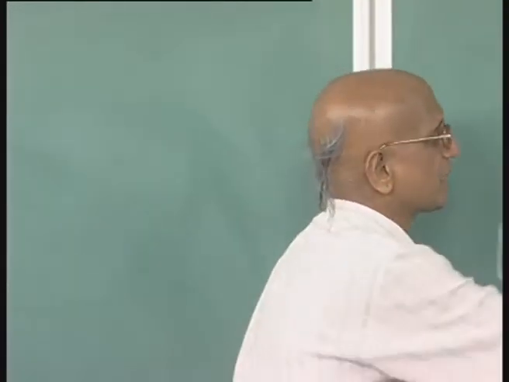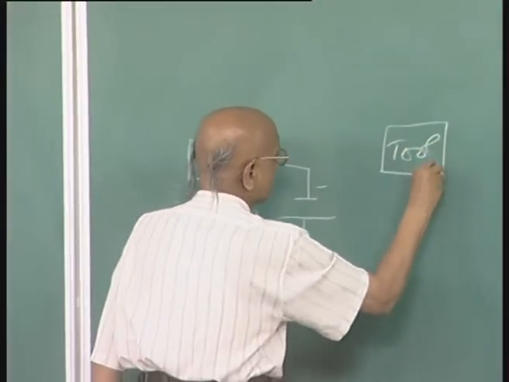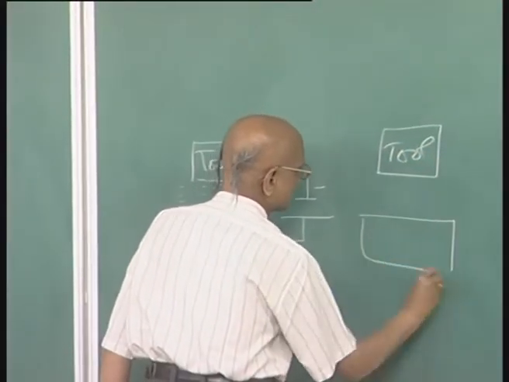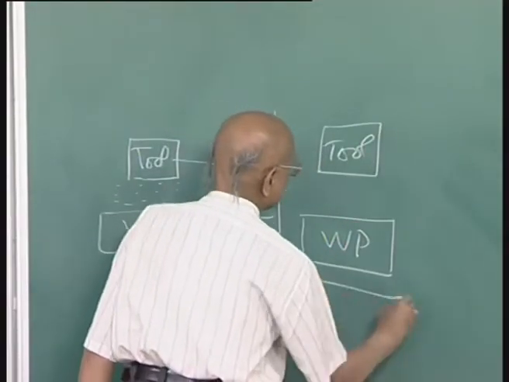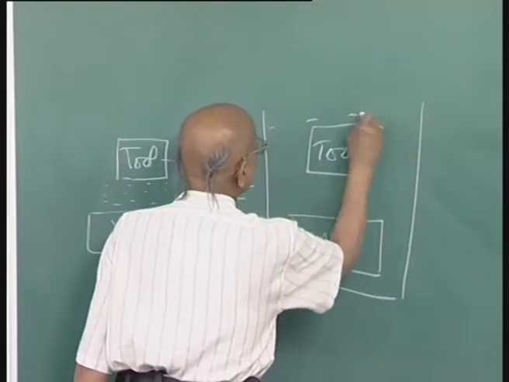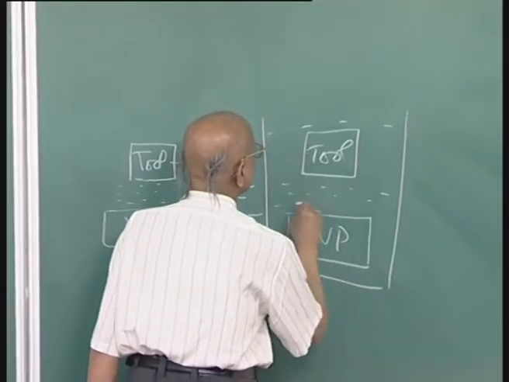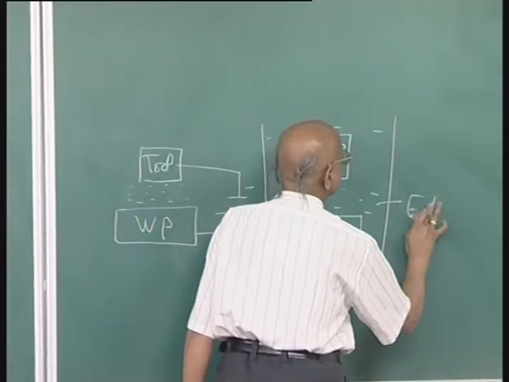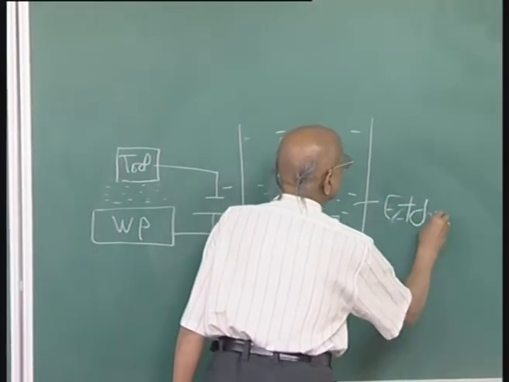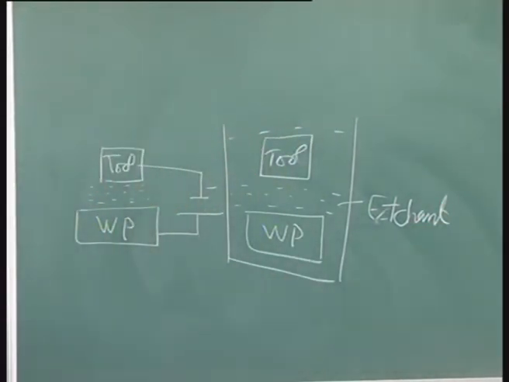electrical energy. Rather, we have a tool here and a workpiece here, and they are immersed inside the tank. Now, that tank is filled with what is known as etchant, and there is a chemical reaction between the workpiece and the etchant.